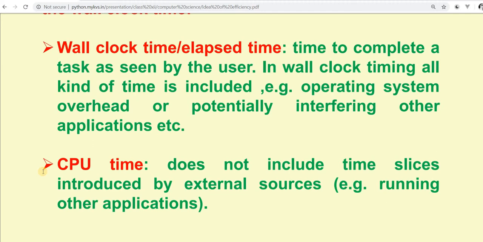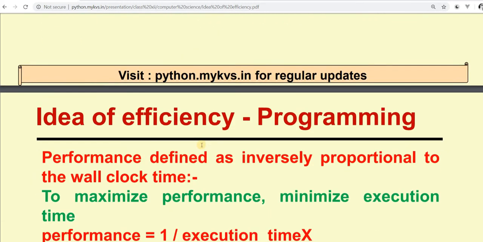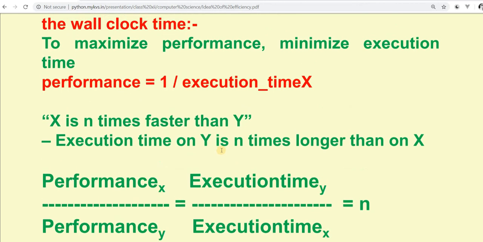We cannot compare the two times, so this is how you can measure the time taken to execute a program.